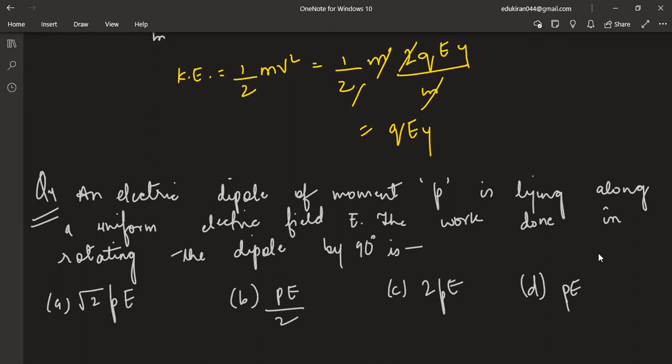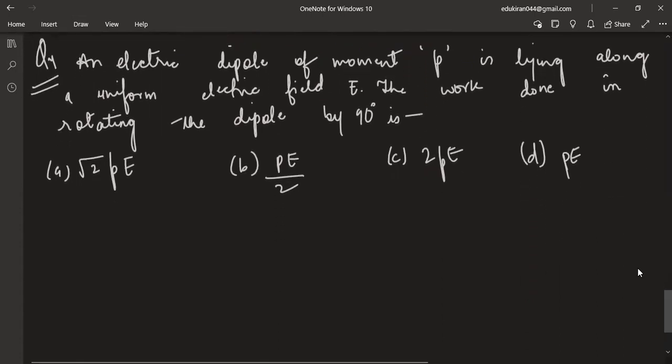Cos theta minus cos theta will give sin theta. No, just put in the values. See, when it is saying lying along the electric field, that means theta 1 is 0 and second theta becomes 90 degrees. Let me discuss it. It says that an electric dipole of moment P is lying along a uniform electric field E, and you have to calculate the work done when the dipole is rotated by 90 degrees.